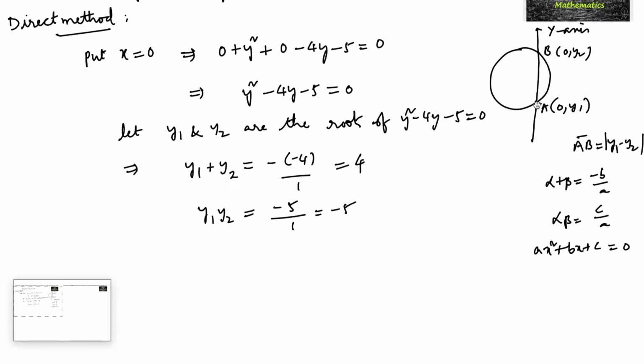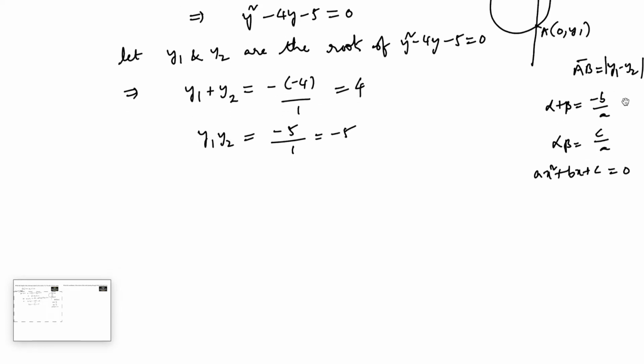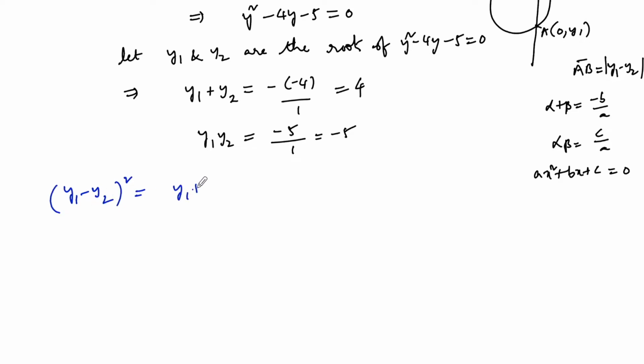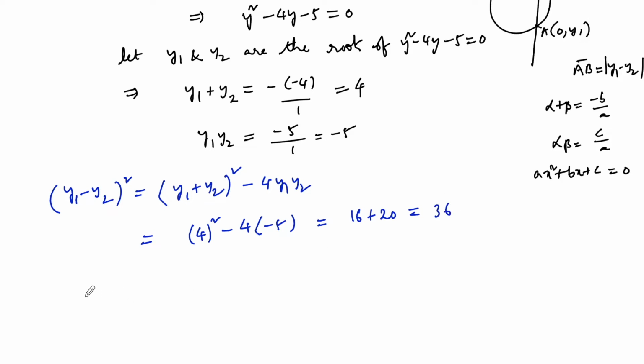And then, to find the mod of y1 minus y2, we know that y1 minus y2 whole square is equal to y1 plus y2 whole square minus 4 times y1 y2. So which can be written as 4 square minus 4 into minus 5, that is 16 plus 20, which is 36.